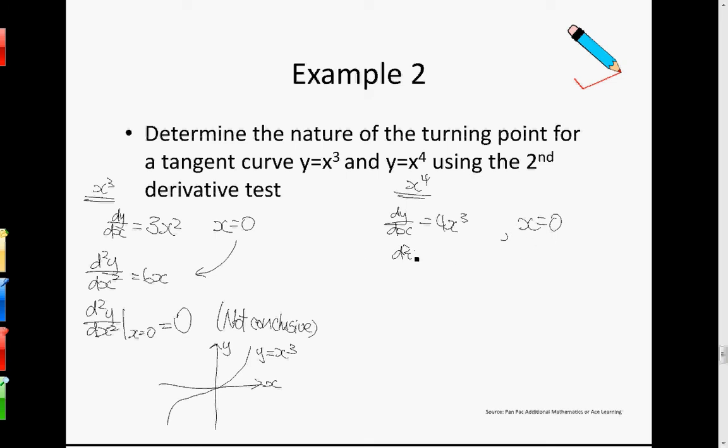Then d2y/dx squared is 12x squared, and at x equals 0 this equals 0. Again, this is not conclusive.